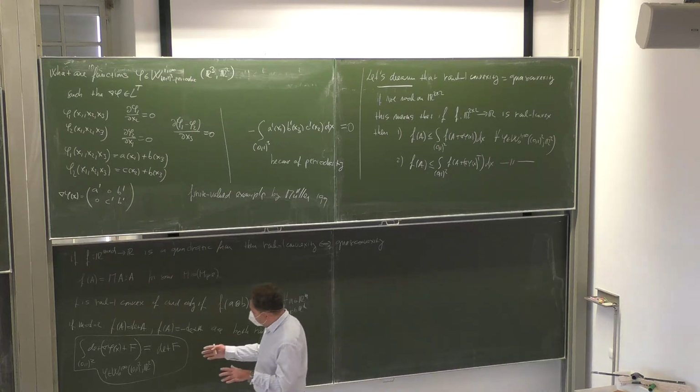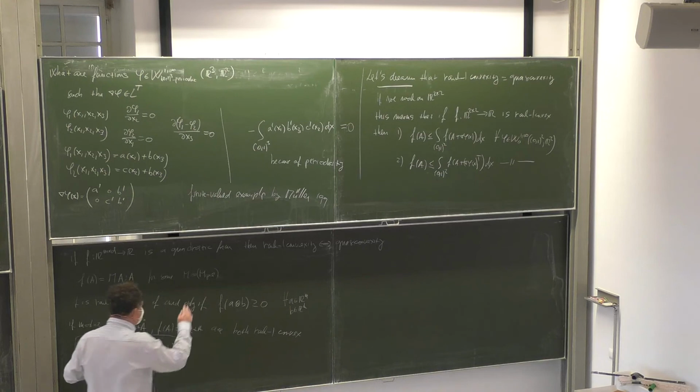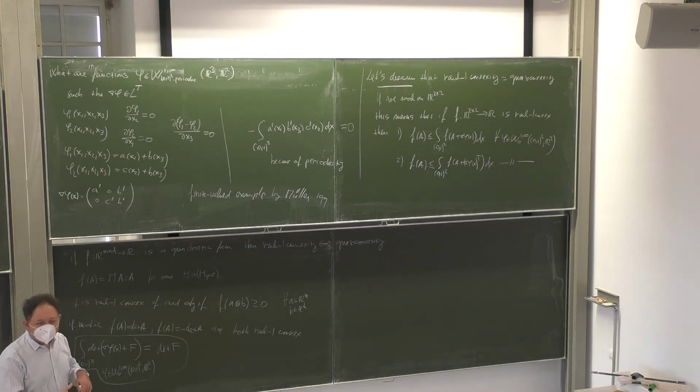If you are in the case 2 times 2, then it's even equivalent to polyconvexity. But there are quadratic forms in 3 dimensions that are rank 1 convex, and it means quasi-convex, but not polyconvex. So then again, everything separates.